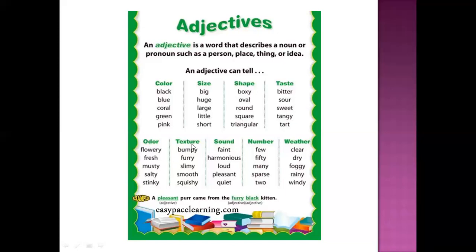Next one, an adjective tells us about the texture of that noun, and the sound, and the number, few, 50, many, two, and the weather, clear, dry, foggy, rainy, windy. Likewise, you can say today is a rainy day. Yesterday was a windy day.